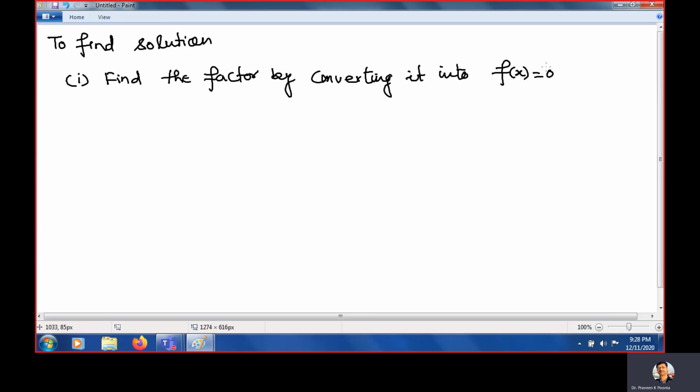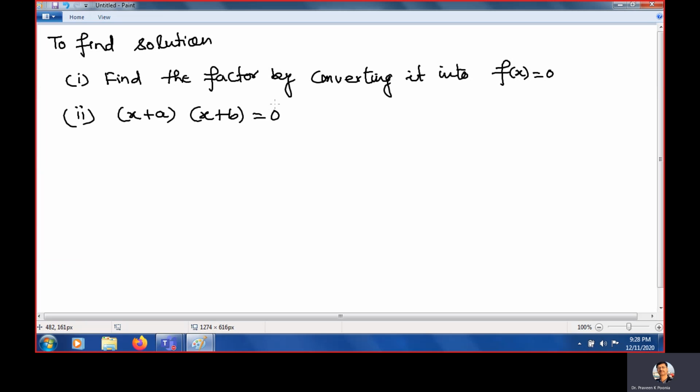That means bring all the terms to the left side, keep the right side equal to 0, and then find the factors of f(x). Clear? Let us say the factors are x + a and x + b.